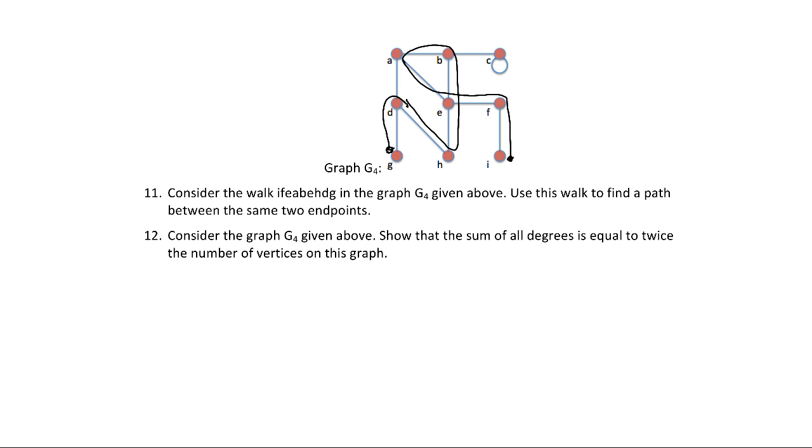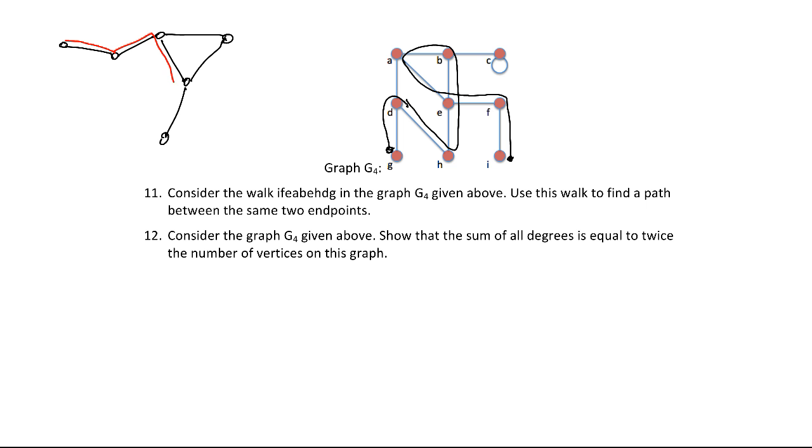And the idea is that anytime you have a walk, you can find a path. Let me draw the general idea here. If you have a walk which is neither a path nor a trail, then it may repeat a node and a link.